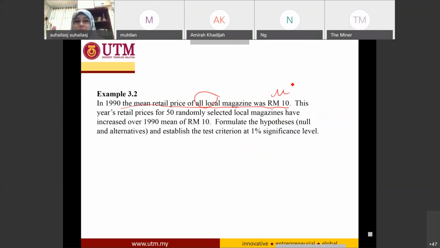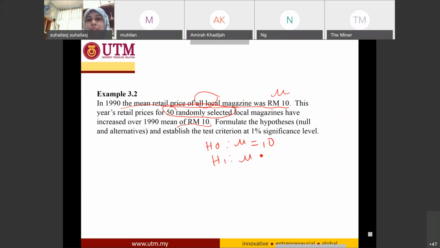This year retail price for 50 randomly selected, baru dia ambil sampel, have increased over 1990 mean of RM10. Formulate the hypothesis. So maksudnya kat sini kamu punya null, mu is equal, sama. Alternatif je yang boleh bertukar, which is have increased over 1990 mean RM10. So dakwaan dia, benda ni lebih besar daripada 10.